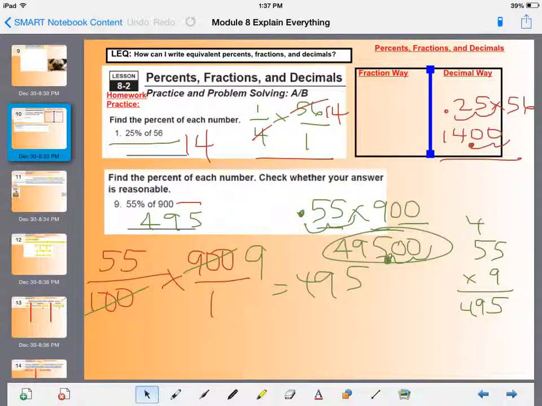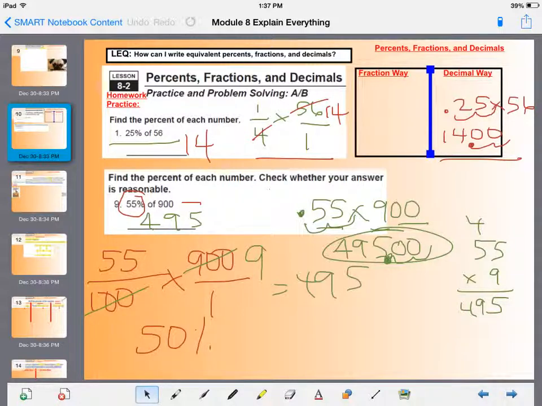The last thing I wanted to talk about here is notice how it says check whether your answer is reasonable. I told you guys not to worry about that, but I did want to discuss that in this slide, because all it was talking about is if we are estimating and we estimated 55%, for example, that's really close to 50%.